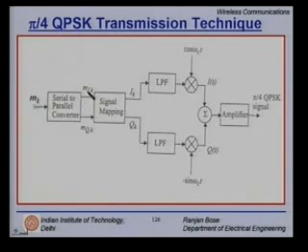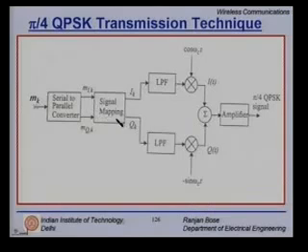I split it up, I get m_I,k, where k is the time index, and m_Q,k, quadrature, where k is the time index. Then I must do some kind of signal mapping. What are this I_k and Q_k? We will talk about these two in the next slide. So in the next slide we will talk about what exactly the signal mapping is doing.